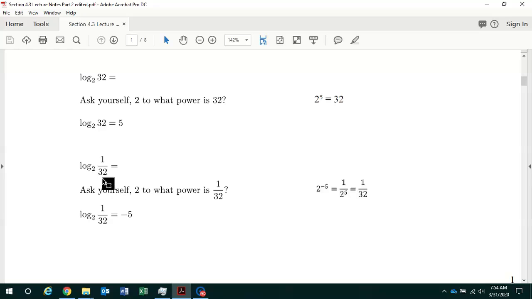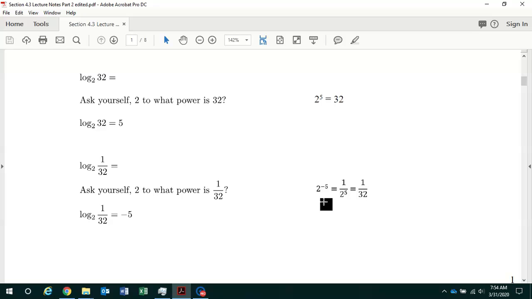What's log base 2 of 1/32 equal to? Well, from up here we already know 2 to the 5th is equal to 32, so 1 over 32 is equal to 1 over 2 to the 5th, and you know 1 over 2 to the 5th can be written as 2 to the minus 5 power.